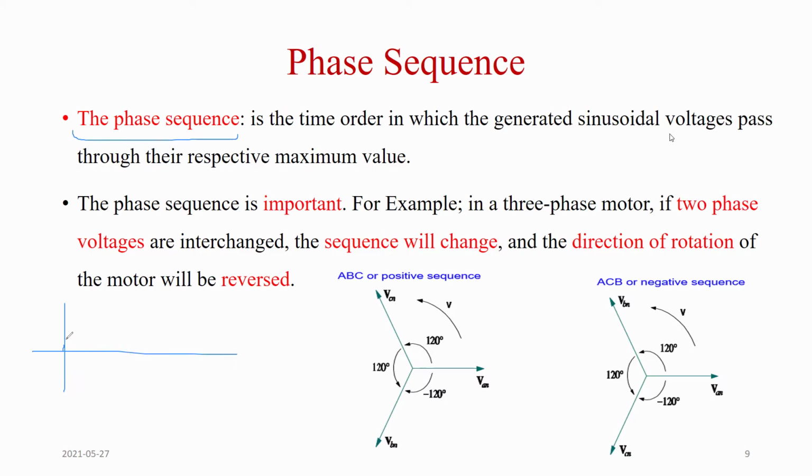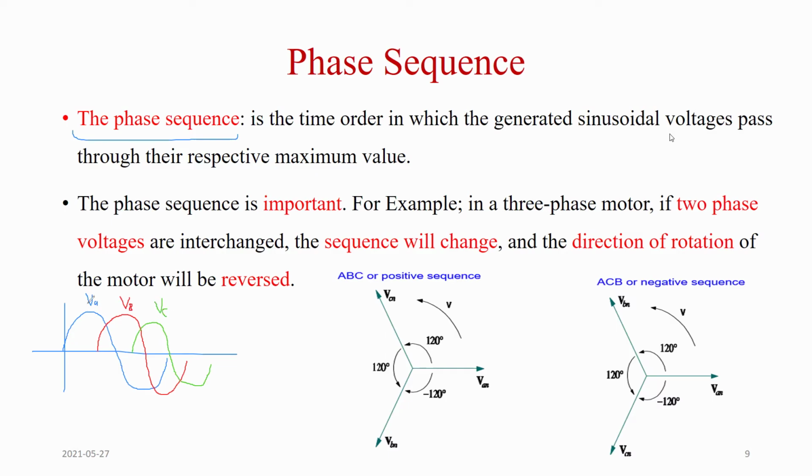This is the voltage VA. What comes after VA tells you the sequence. After 120, you see VB. Then after that, you see VC after another 120.